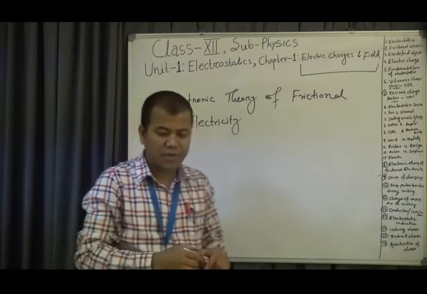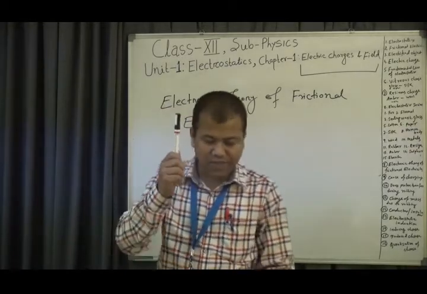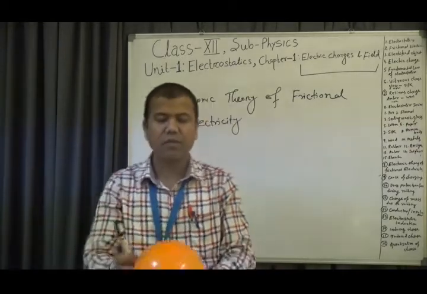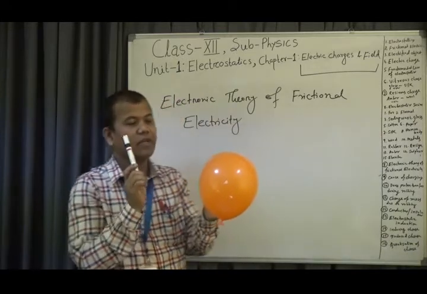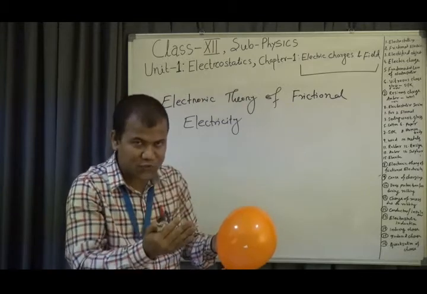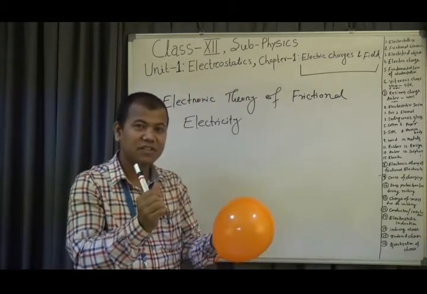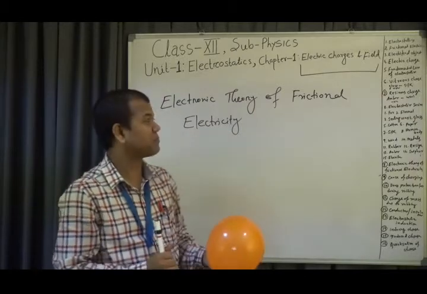Whenever you rub one object with another, suppose this object is rubbed with a balloon, then one object will lose electrons and those electrons will be acquired by another object.